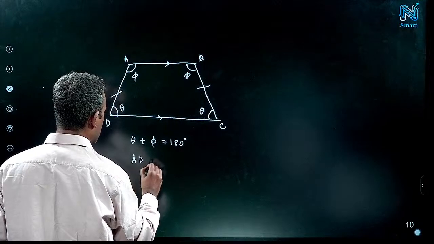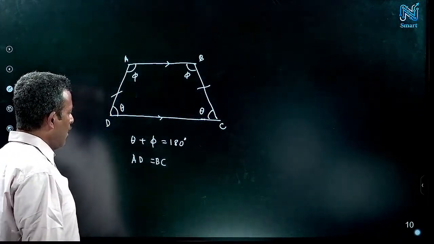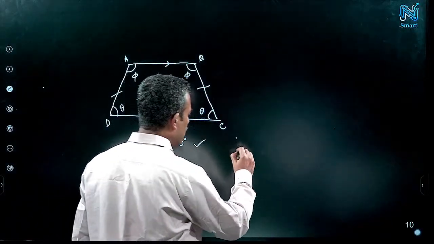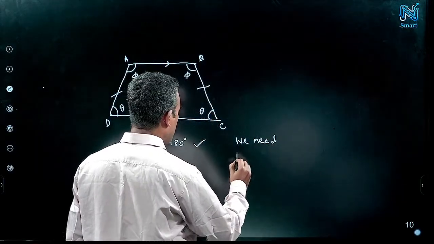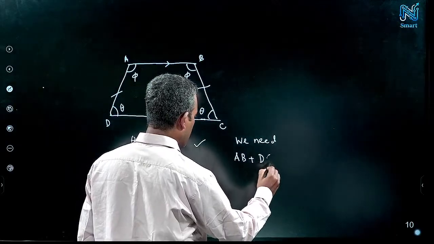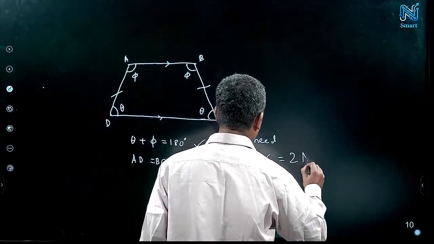AD is equal to BC. But we need what? Already we got one thing, and we need AB plus DC to be the same as twice AD.